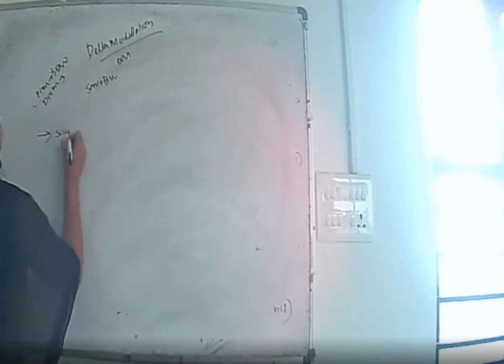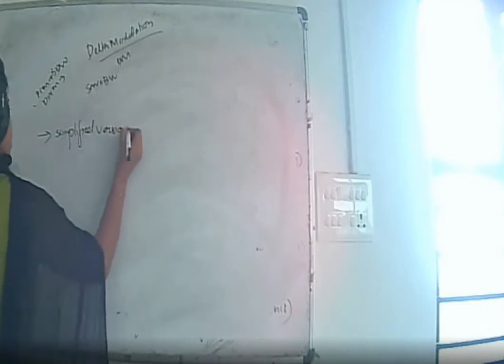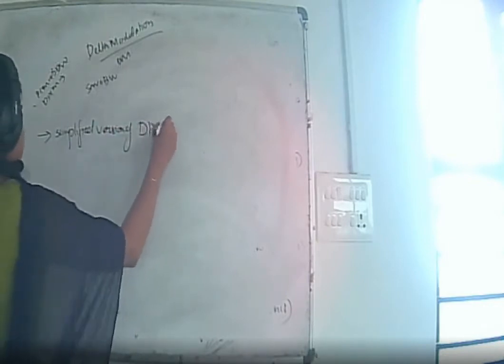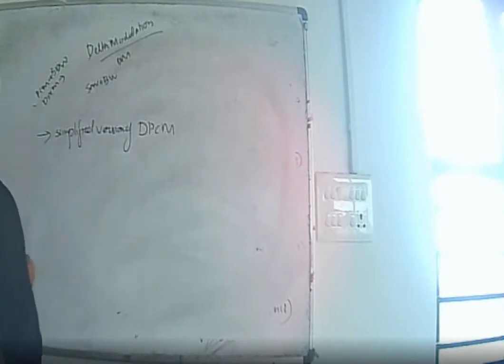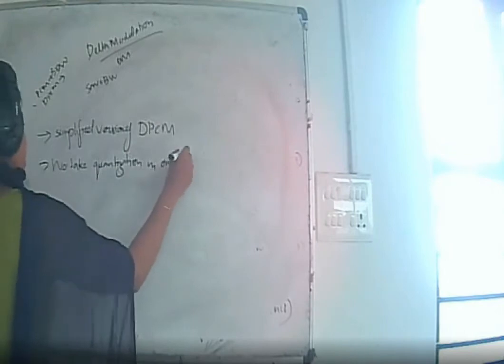Delta modulation is nothing but a simplified version of DPCM. Here one step quantization is done.